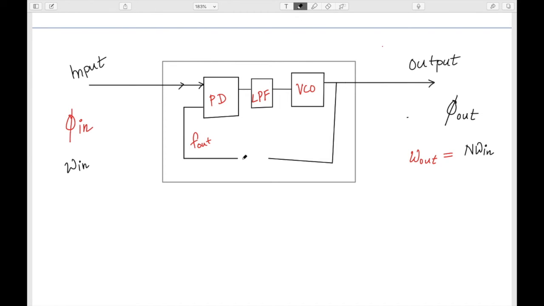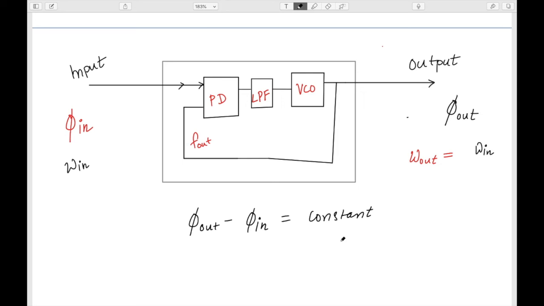So let's consider that I'm just trying to generate by the VCO the same frequency as the input. So what I want is omega out equal to omega in. Suppose we can make the difference between them always constant, phi out minus phi in equal to a constant.